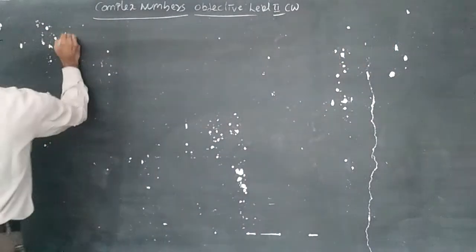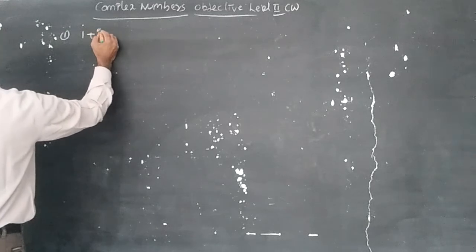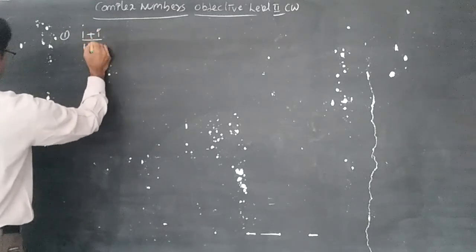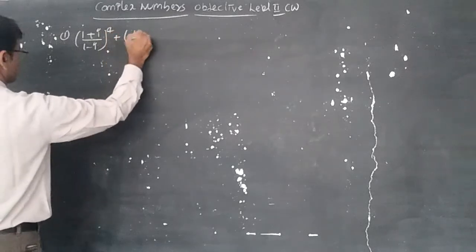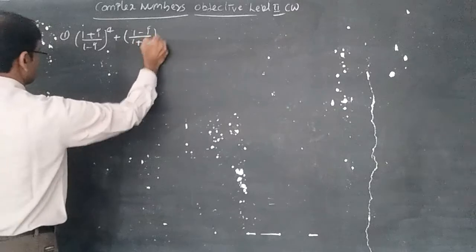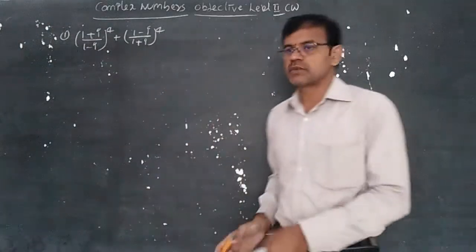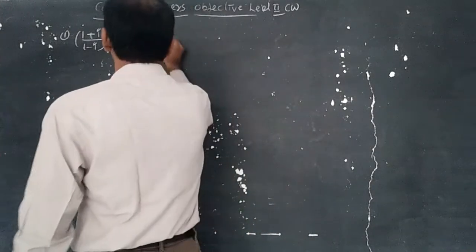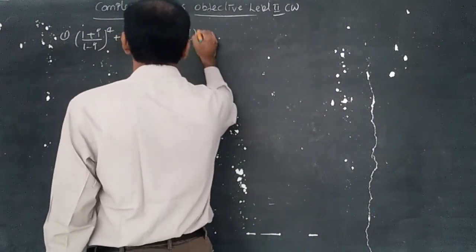First one, (1 plus i) by (1 minus i) whole power 4 plus (1 minus i) by (1 plus i) whole power 4. Rationalization of denominator.